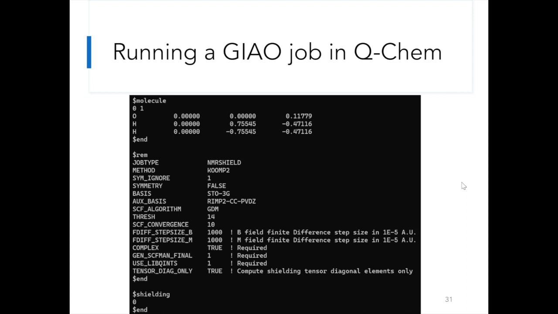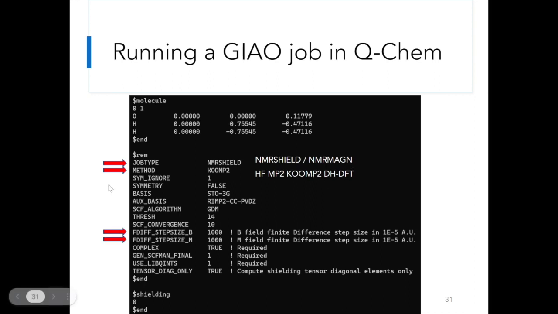Right, so how to actually run this job: we tried to make it as user-friendly as possible. We've created two new job types, NMR shield and NMR mag, corresponding to nuclear shielding and magnetizability tensor. Now we have various methods you can use with this: Hartree-Fock, MP2, regularized MP2, or double hybrid DFTs.